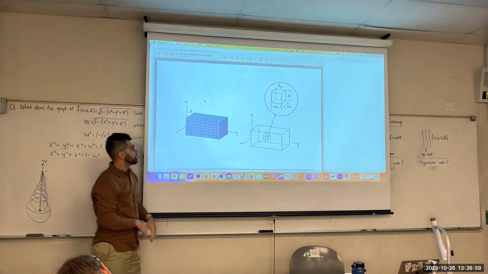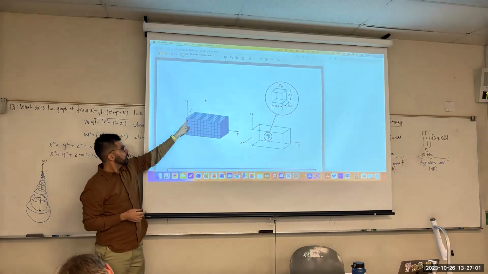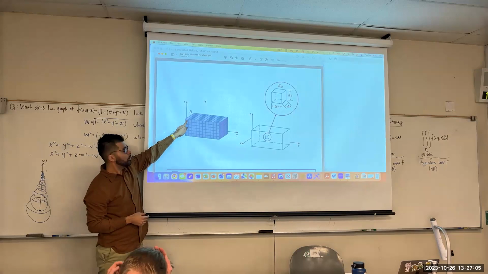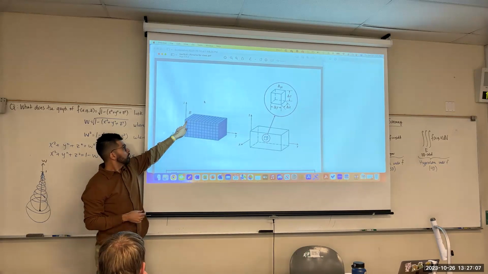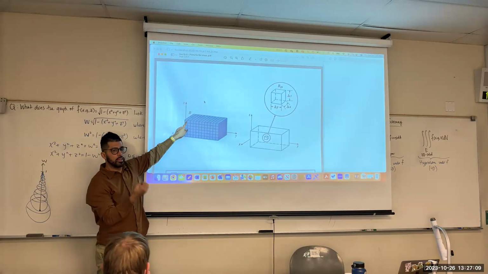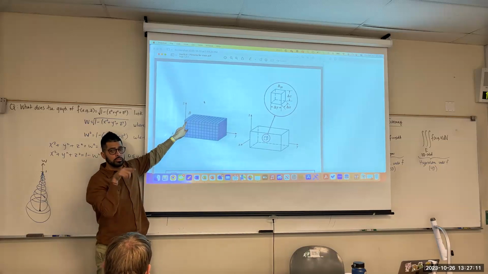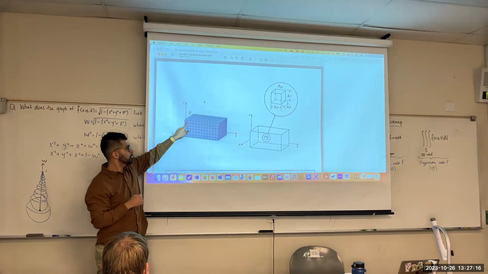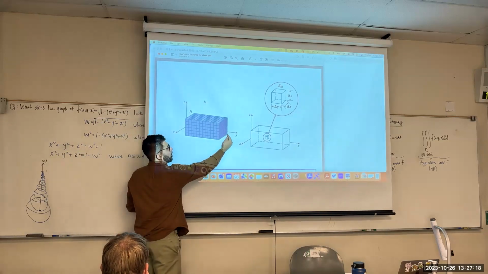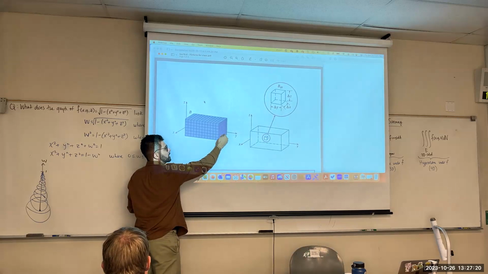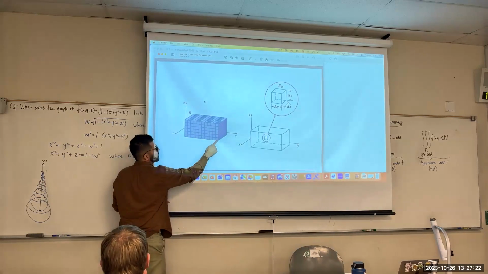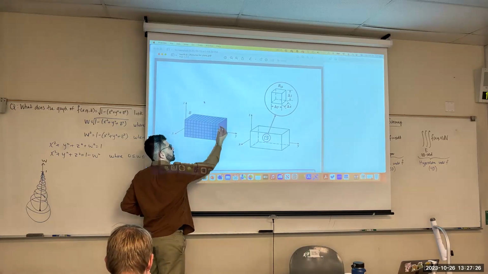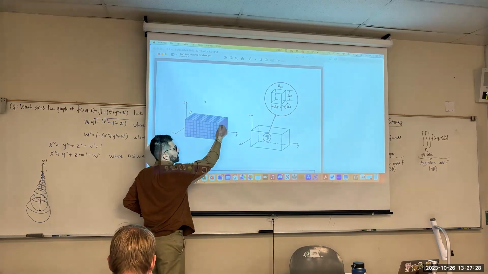Okay? What are we going to do? Well, we're going to partition this box into smaller little boxes, where all the little boxes will have the same volume, delta v. You partition them in a certain way so that all the x's are partitioned by delta x, all the y's are partitioned so they all have delta y, and all the z's are partitioned so they all have delta z length.